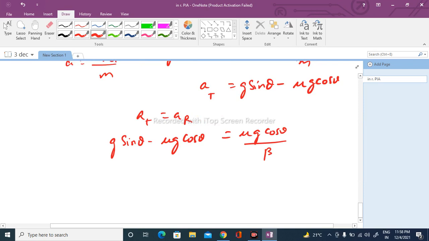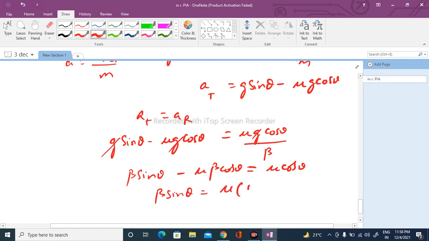So the common term g we can cancel out on both sides. So we are getting beta sin theta minus mu beta cos theta is equal to mu cos theta. If you take the cos theta term to that side, beta sin theta is equal to mu into (1 plus beta) cos theta.